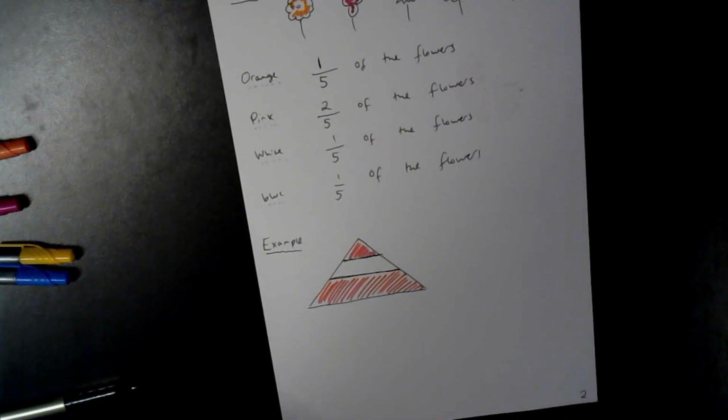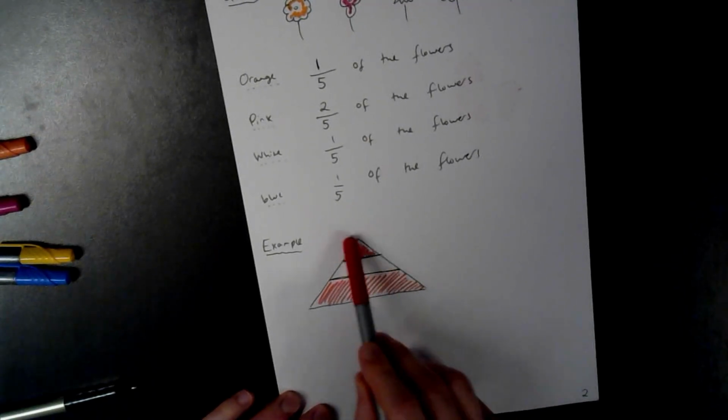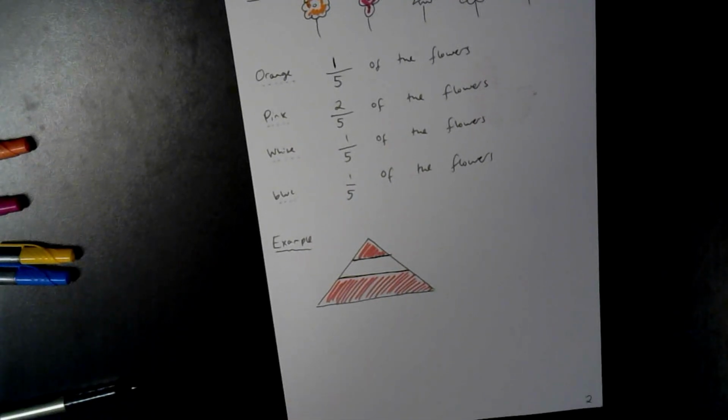And I want to know here, what fraction of the triangle have I painted red? Because if I wanted to know how much paint I needed, I might need to know what fraction of the triangle is red.